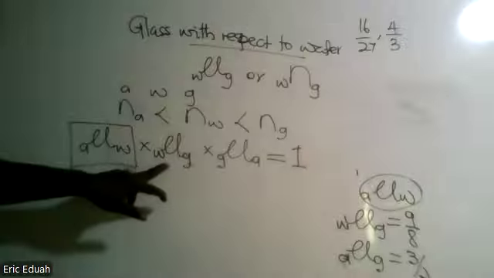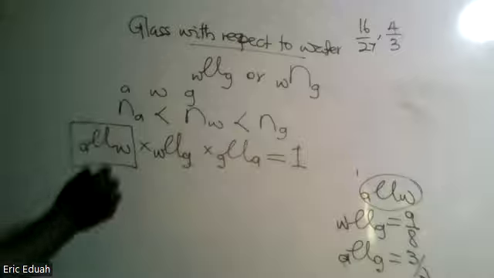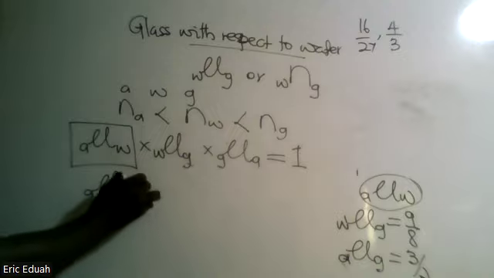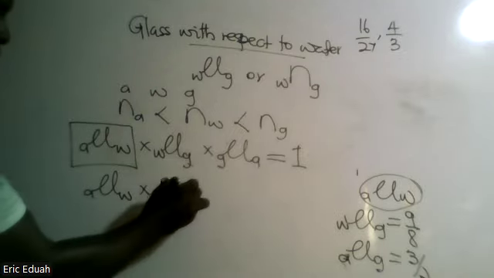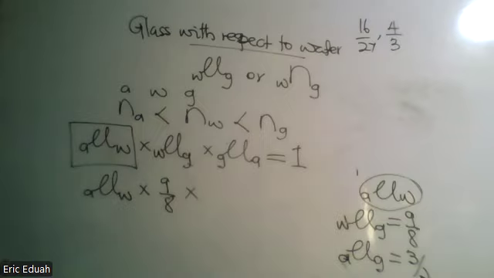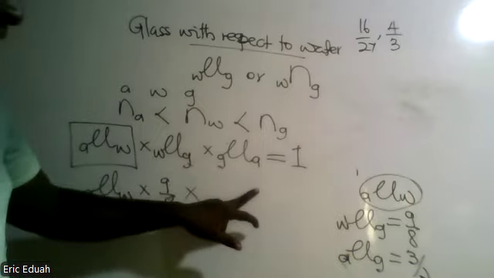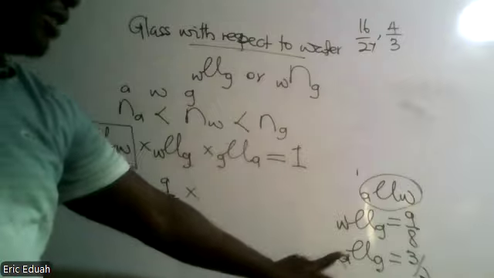Do we have the refractive index from water to glass? Yes, that is 9/8. So mu to water times 9/8 times the refractive index from glass to air. What we have here is air to glass and not glass to air.